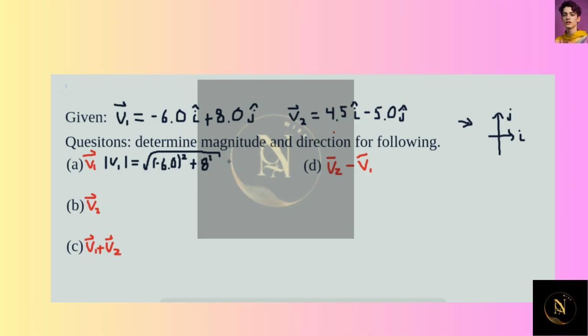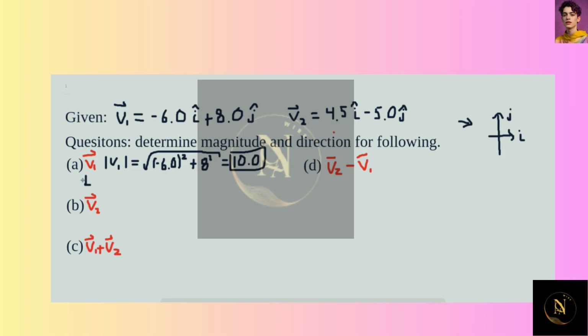Since they're not in the same direction, you can't add them together. You can only add together things that are in the same direction. If you carry this out, you get 10.0. Box that in.